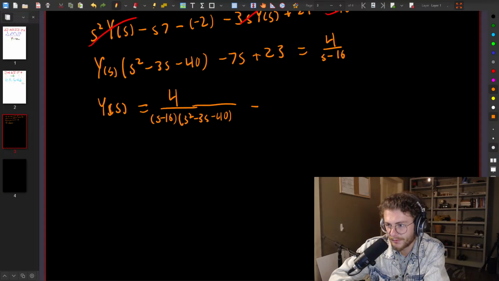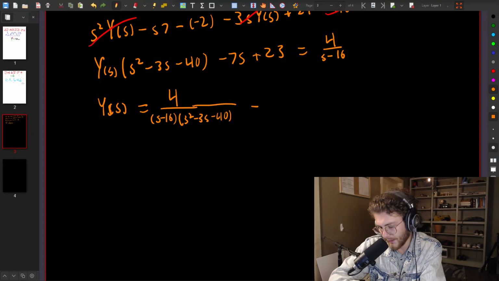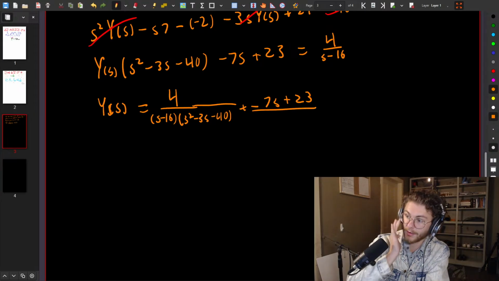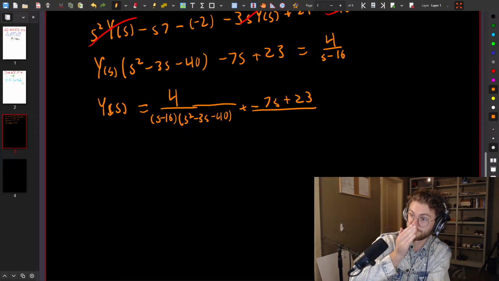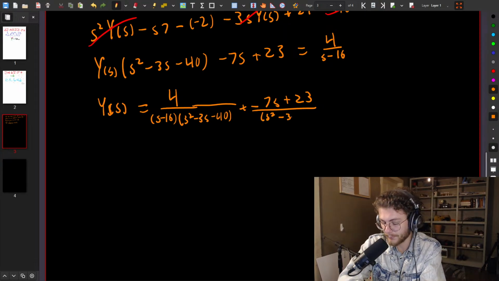Okay, going back to it. We're going to lock back in and finish this up. Minus 7s plus 23, and all this is being divided by this whole thing, s squared minus 3s minus 40.